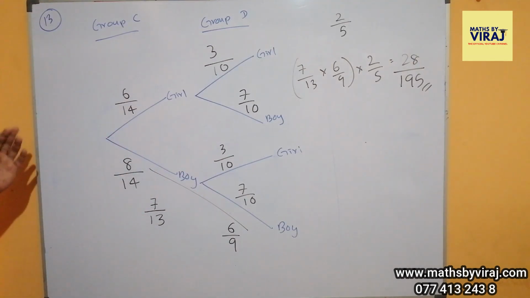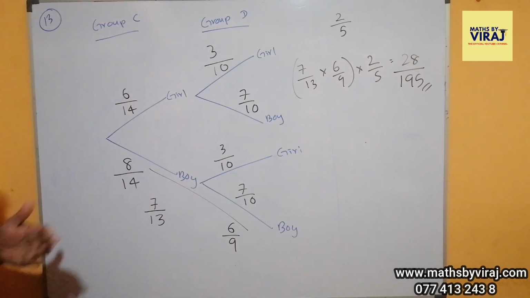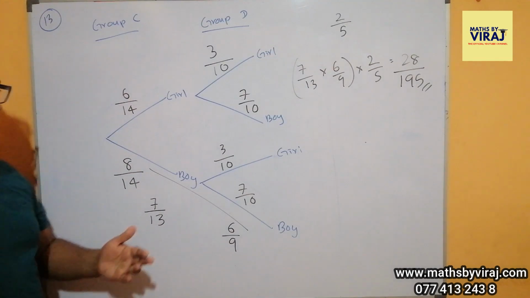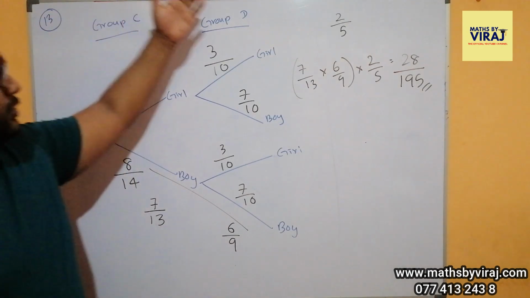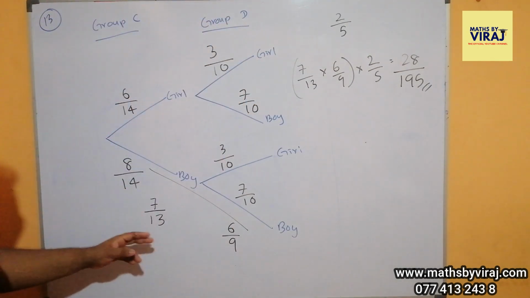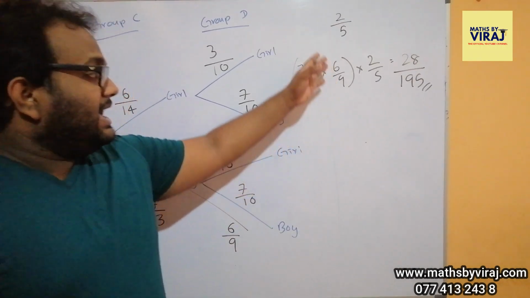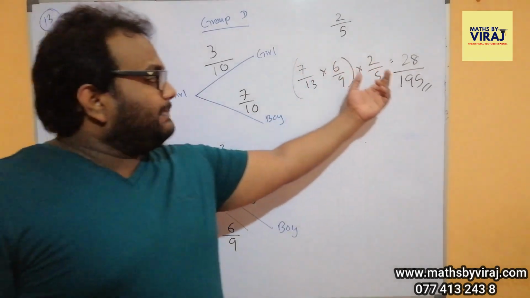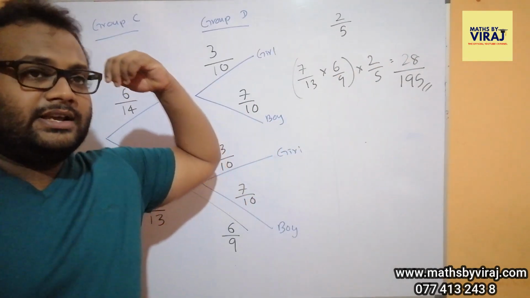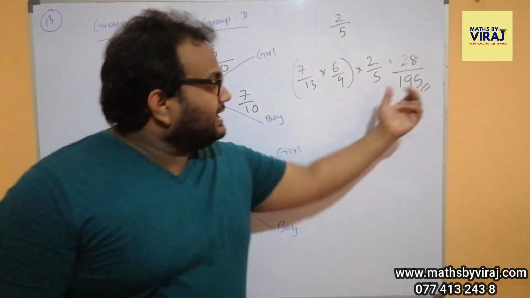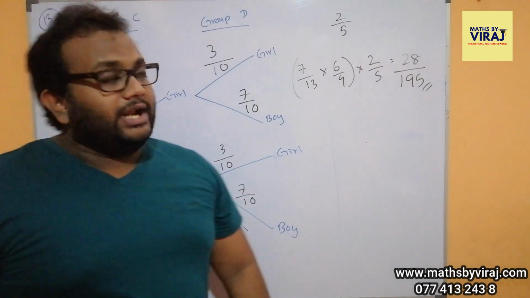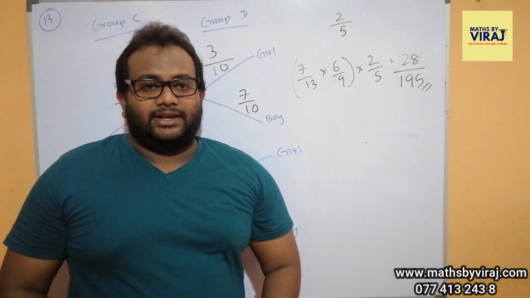Therefore, the calculation of getting the probability of 2 boys in group C and in group D twice will be 7 over 13 into 6 over 9 multiplied, and this particular answer is again multiplied by the previous answer that we got, giving us the answer 28 over 195.